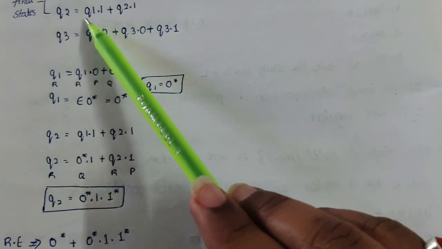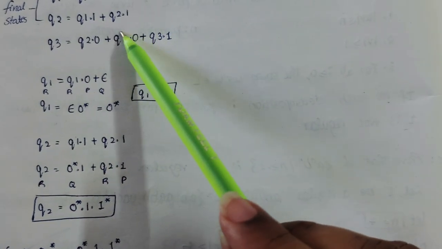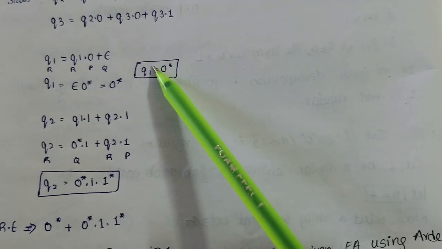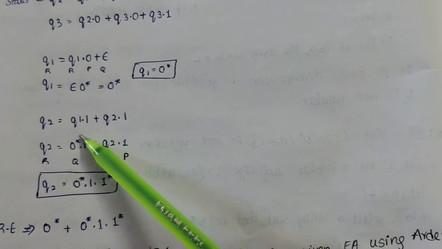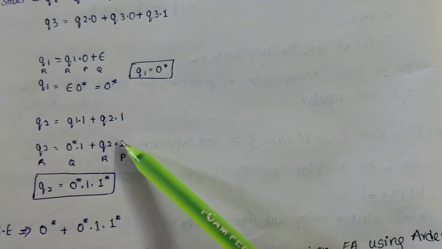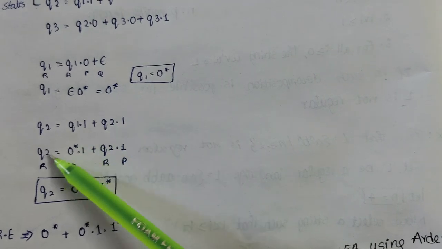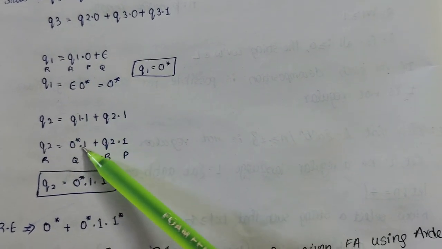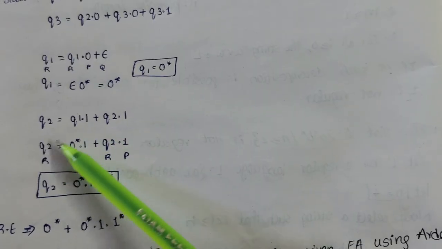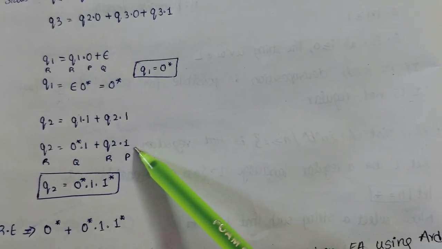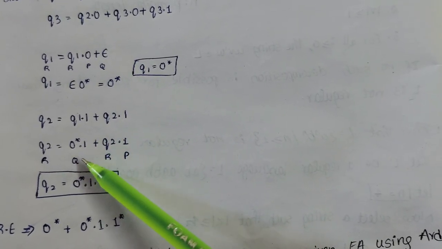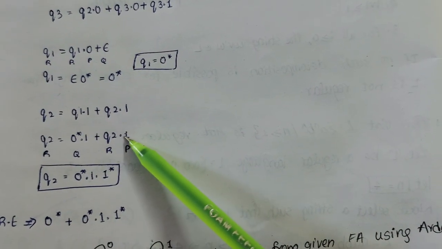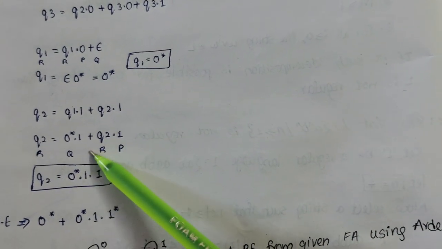Now Q2 = Q1.1 + Q2.1. We substitute the Q1 value over here: 0*.1 + Q2.1. Now this whole term is Q, and this is R.P again, so we can write it as QP*. So 0*.1.1*. This is the new Q2 value.